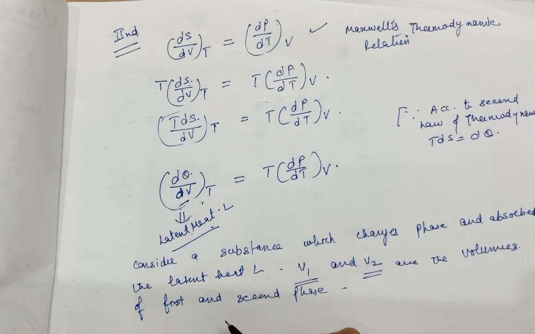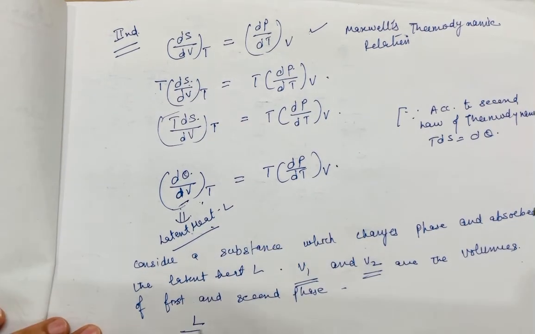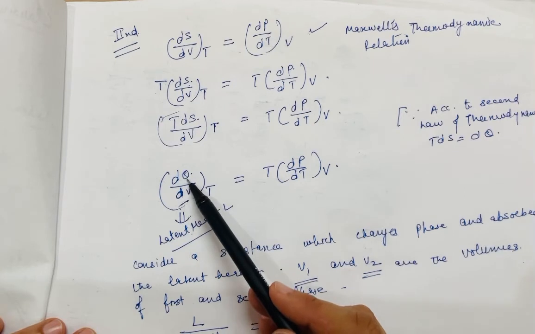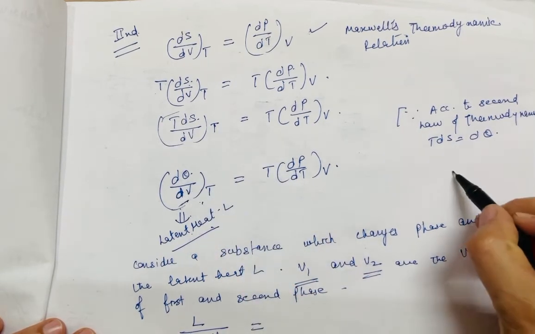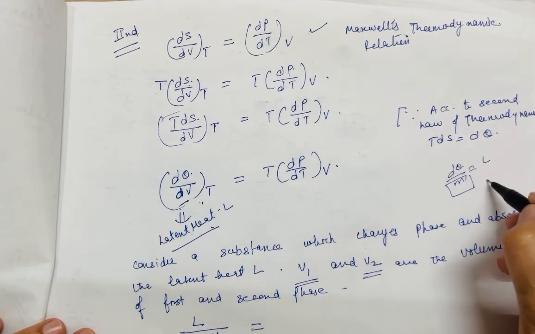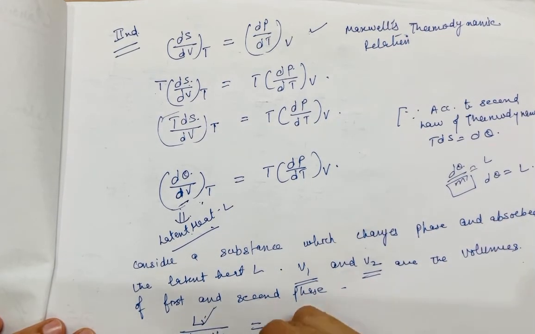Then we can write this as L over V2 minus V1. If we take unit mass, then dQ by m is equal to L, and dQ is equal to L. So L over V2 minus V1 is equal to T dP by dT at constant volume.